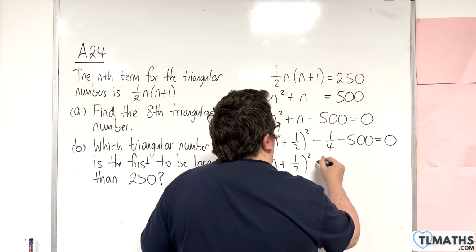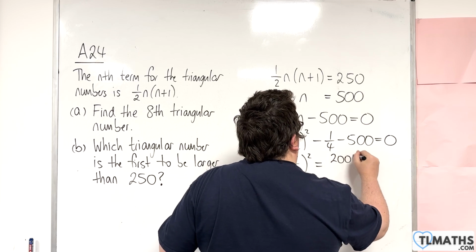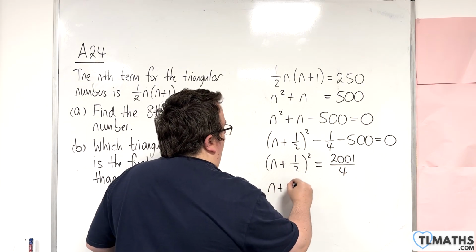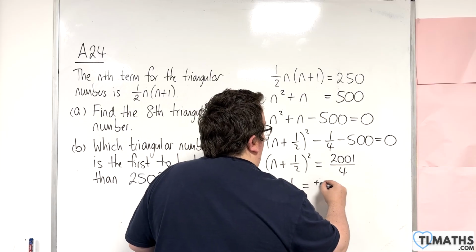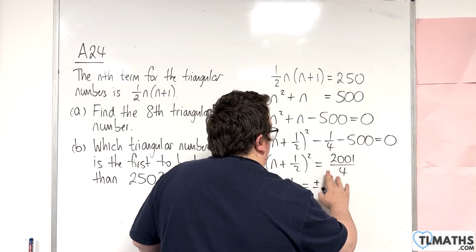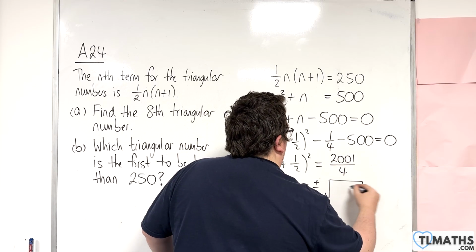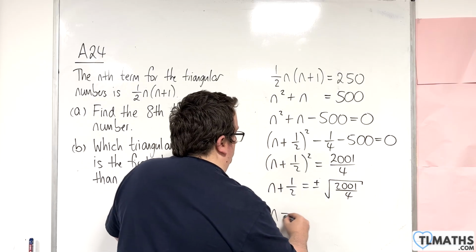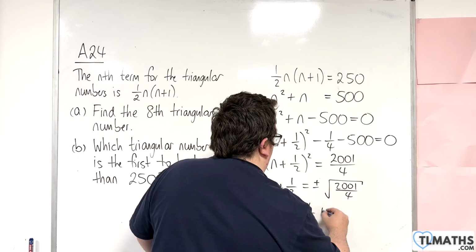And I'm going to add that to both sides. So 2001 over 4. I'm then going to square root both sides, bring in a plus minus. So let's write that like that. And then subtract half from both sides.